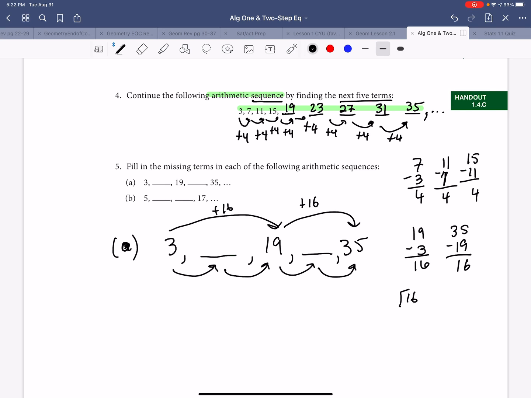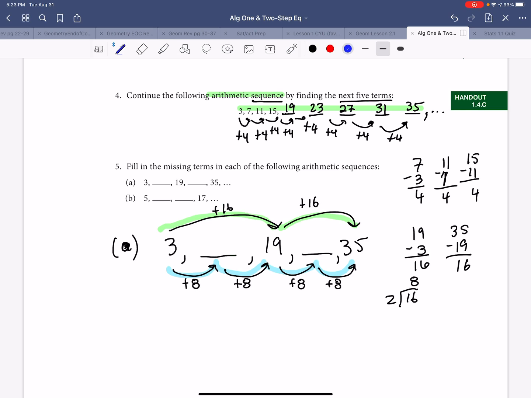And a couple students said, oh, we should divide by 2 and get 8. So apparently they're adding 8 every step, which means that's the same thing as adding 16 every 2 steps. When I add 8 every step, it's the same as adding 16 every 2 steps.